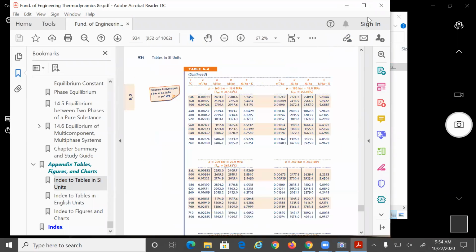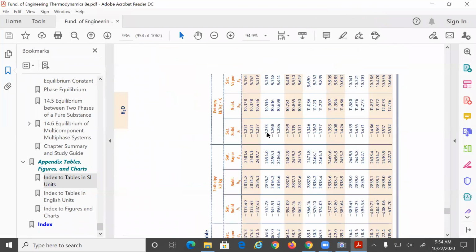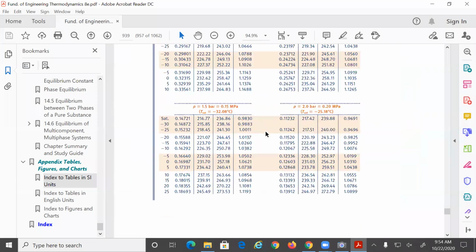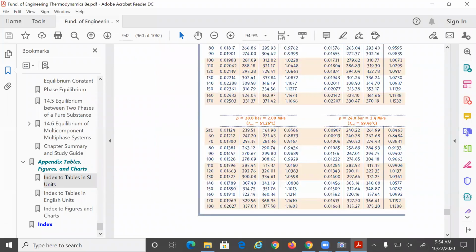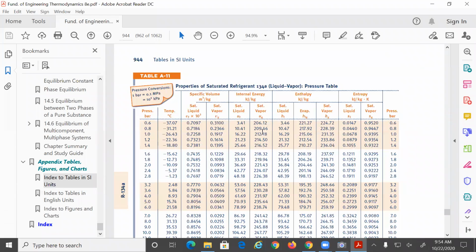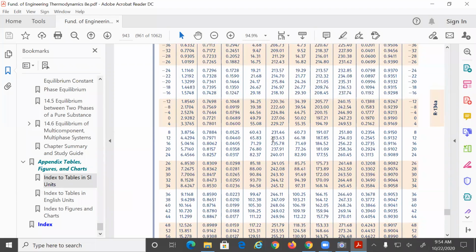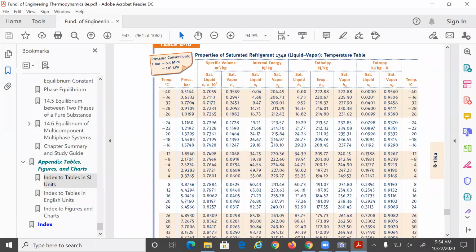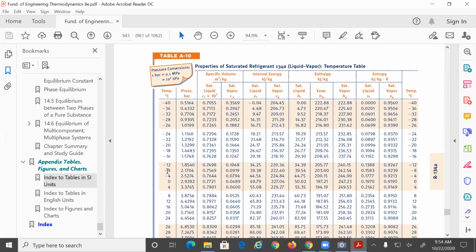So let's see, table 810, 6, 9, at basically minus 26 right here. H1 will be 214.8, no?